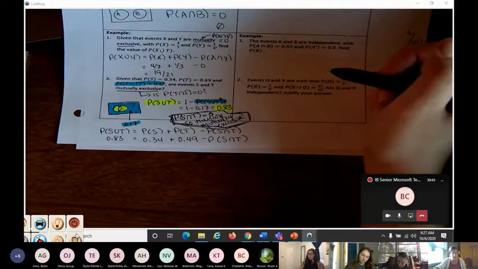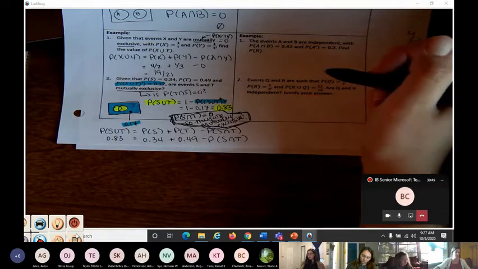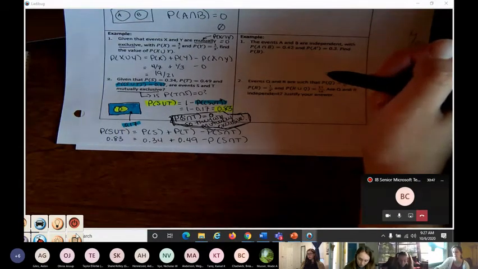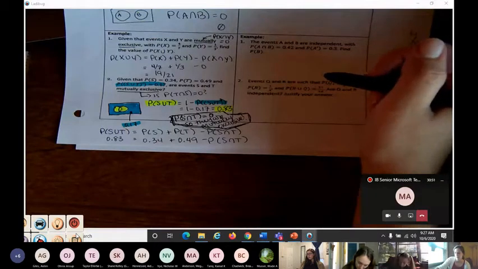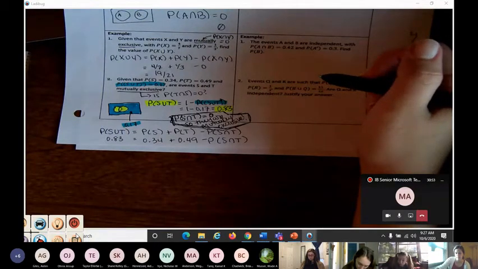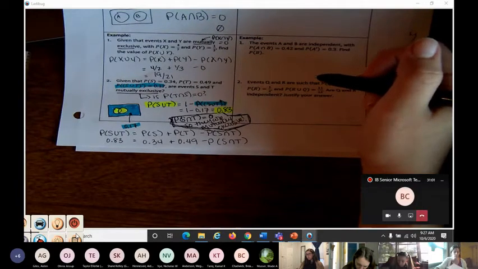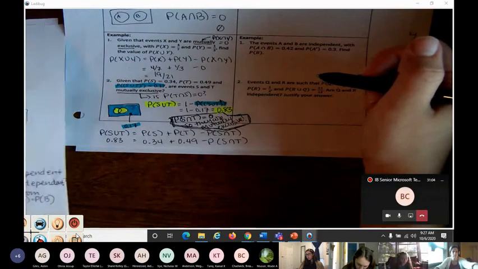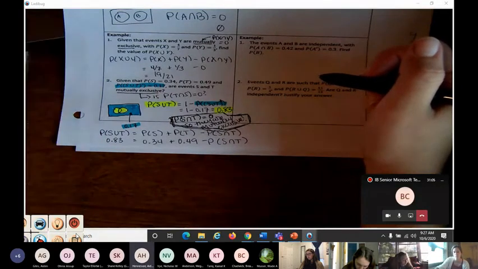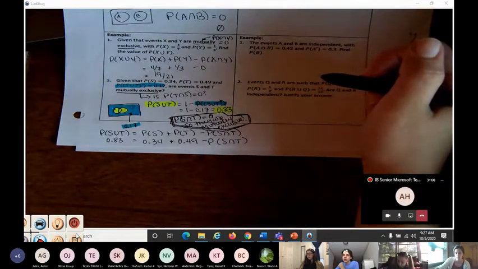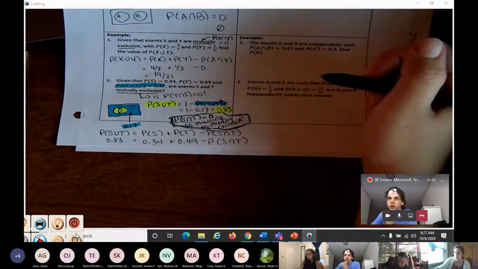Okay, questions on that example or anything with mutually exclusive events? Any questions? So, I guess I'm just confused about why there are two P of S union T's with different values.